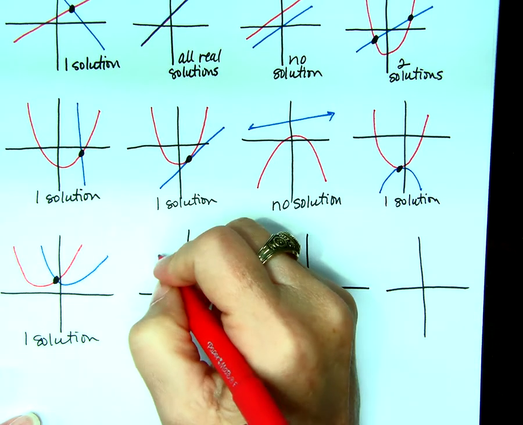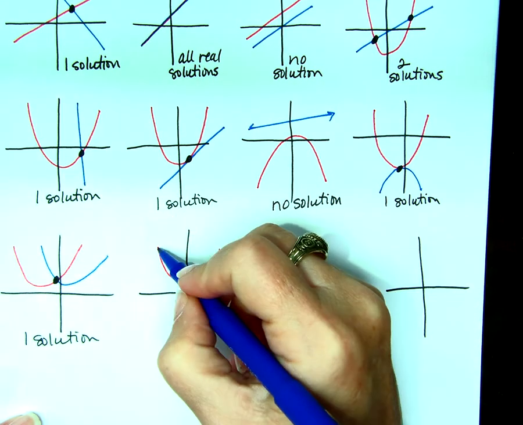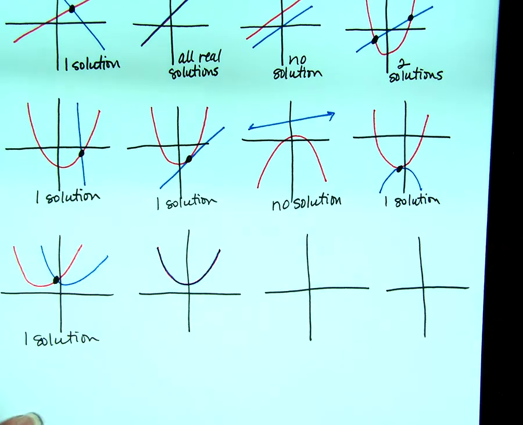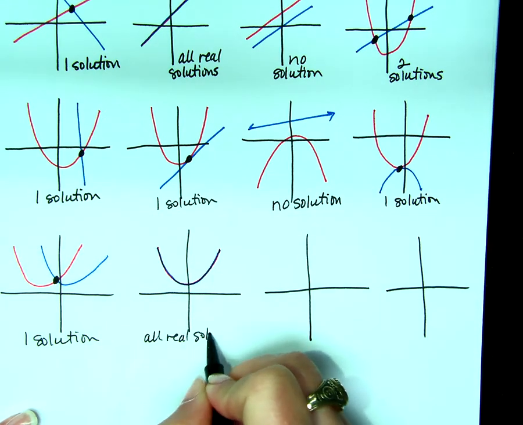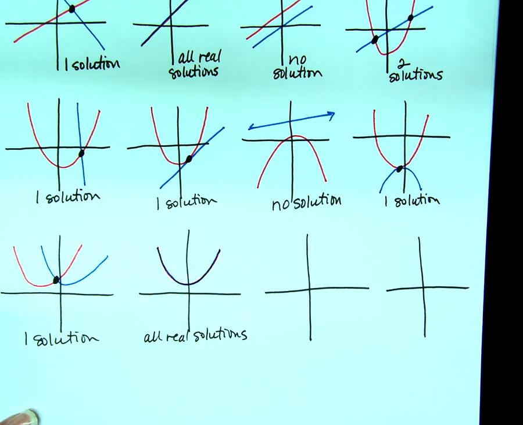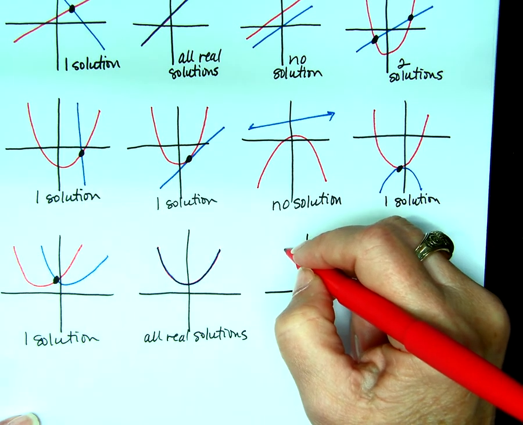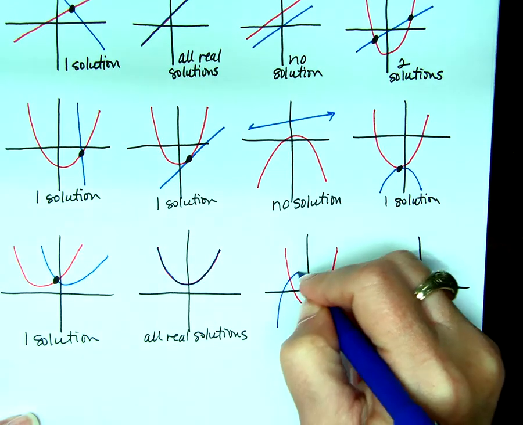Oh, all real? So if one parabola was right here, and one parabola was right there, all real? Okay. Is that it? All real and then one? You could have two? Okay, what would that look like? So one opens up and one opens down like that.